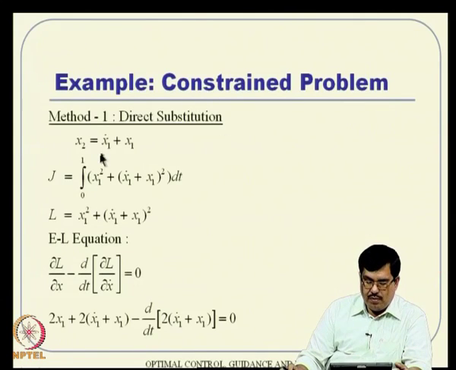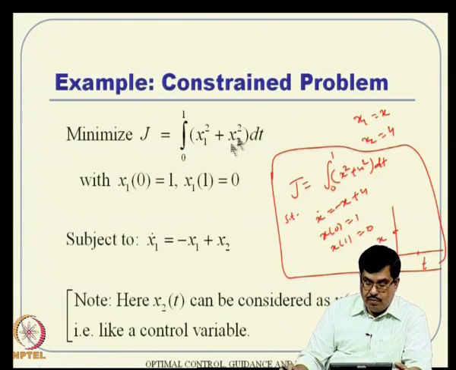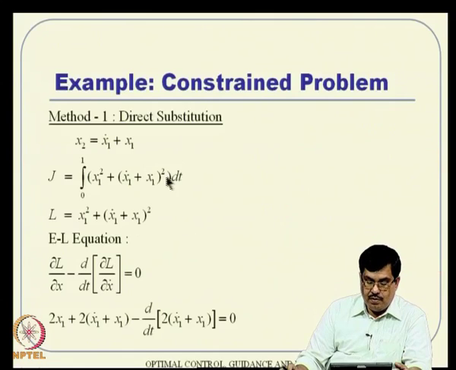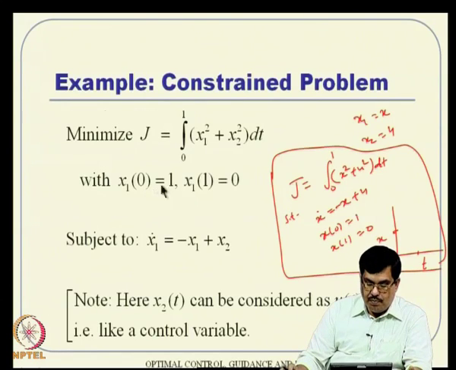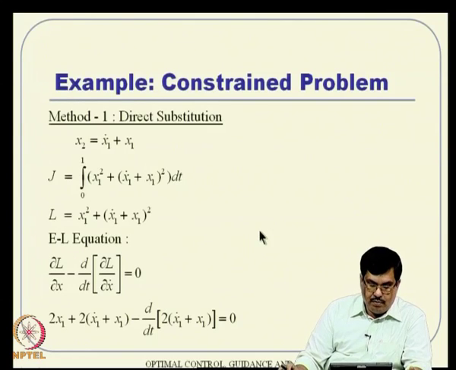One part is x1 square, so I will keep it as x1 square, and x2 square is x1 dot plus x1 square. Now it is a problem purely in the form of x1, x2 is gone, and the x1 boundary conditions are also available. So we will be able to solve it. Let us see how to do that.